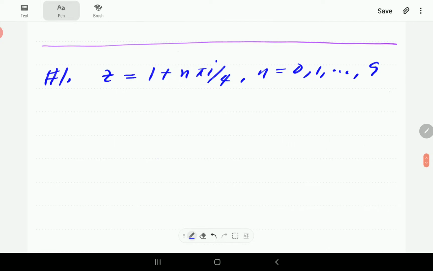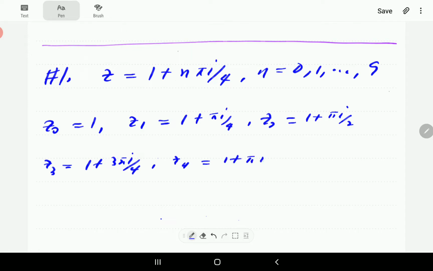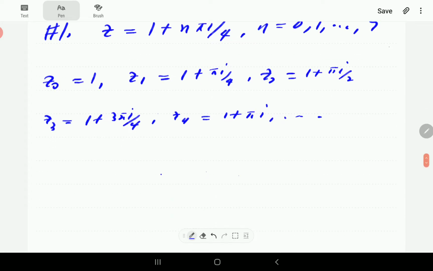First of all, we're just going to generate these numbers. z0 is simply going to be 1. z1 is going to be 1 plus pi i over 4. z2 is going to be 1 plus pi i over 2. z3 is 1 plus 3 pi i over 4. z4 is 1 plus pi i, etc. The last one, z9, is going to be 1 plus 9 pi i over 4.